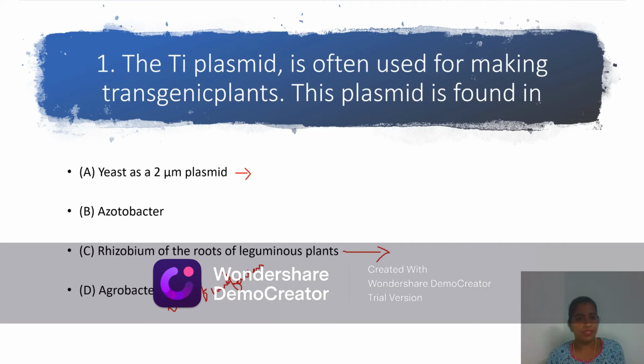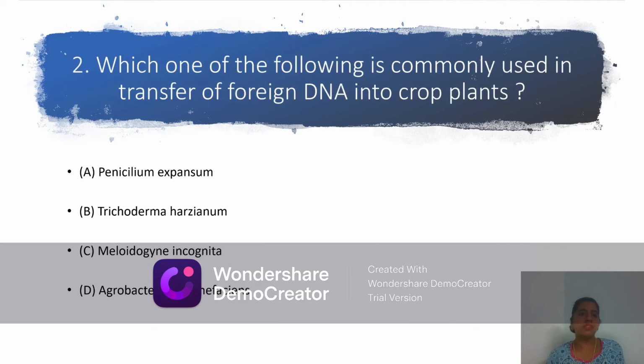The Ti plasmid, often used for making transgenic plants, is found in the soil bacteria Agrobacterium tumefaciens. Number 2. Which one of the following is commonly used in transfer of foreign DNA into crop plants? Crop plants. Understand? So they have given Penicillium expansum, Trichoderma harzianum, Meloidogyne incognita, and Agrobacterium tumefaciens.